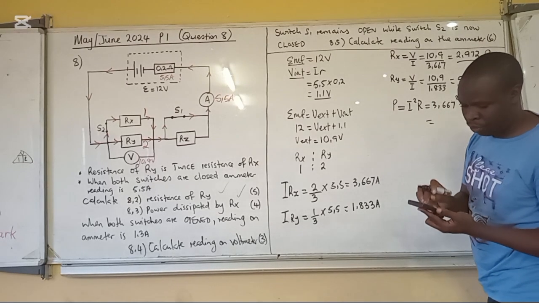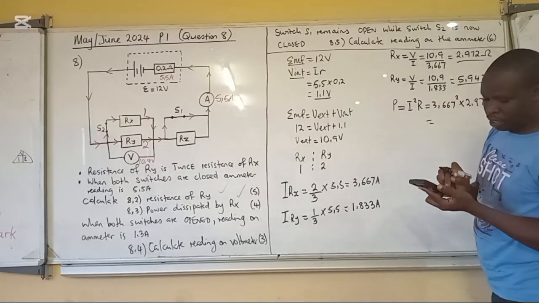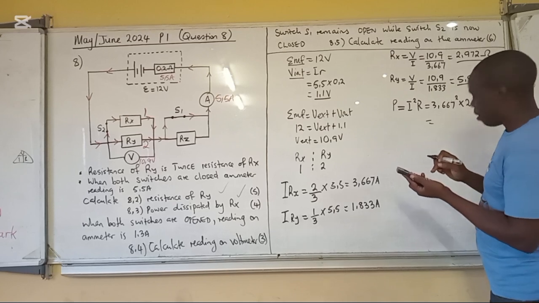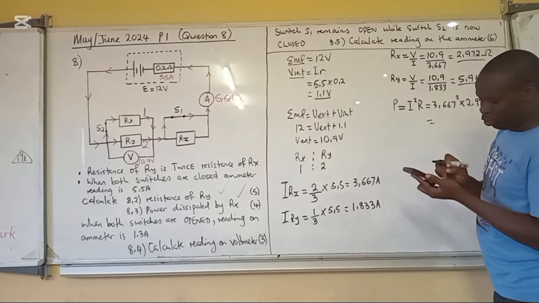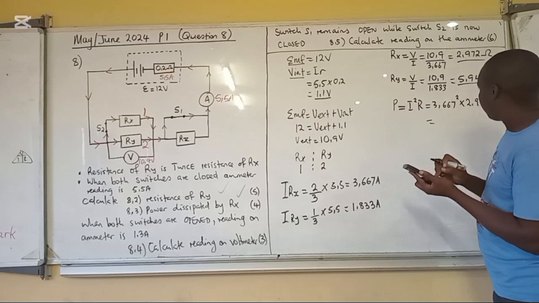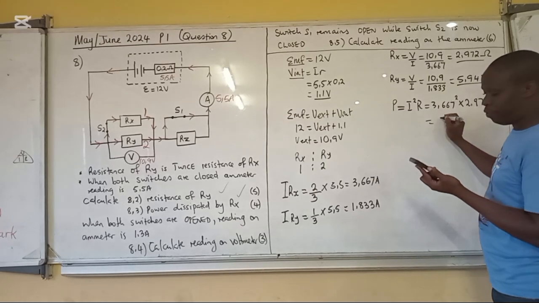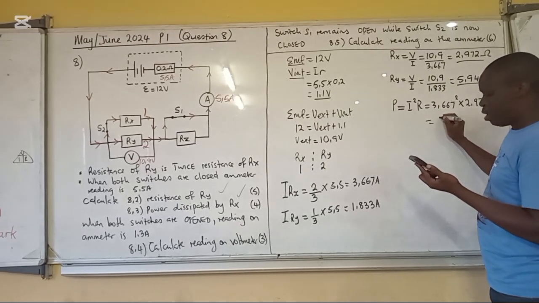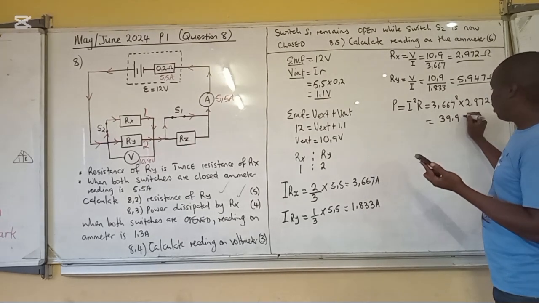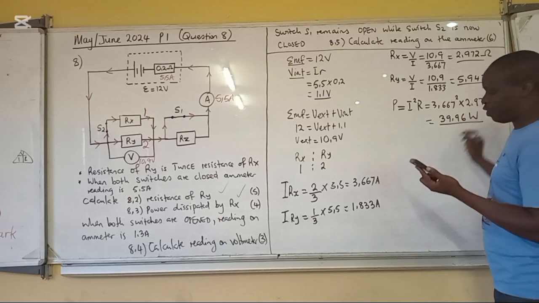Let me use my calculator to simplify: 3.667 squared multiplied by 2.972 gives 39.96 watts.